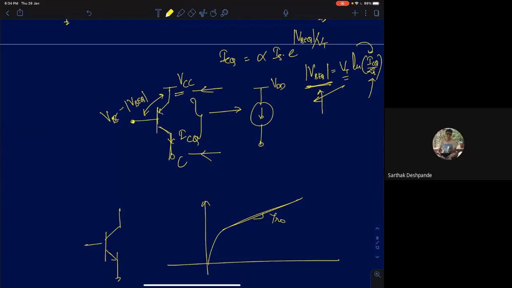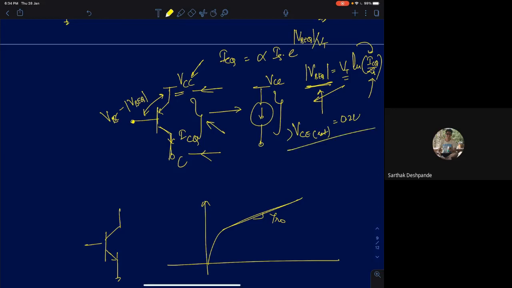Now look at this current source. On one side it is VCC. The other side it is free. But there is a condition. The voltage across the current source, or the voltage across the BJT, should be greater than VCE SAT, which is 0.2 volts. Only then will it behave like a current source.